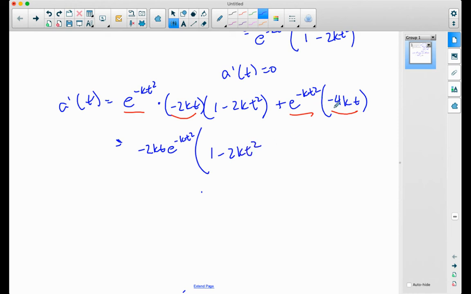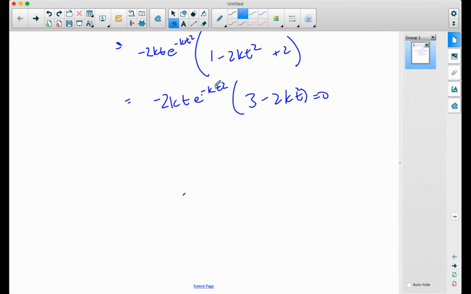And on this one, I'm left with a plus 2, because the k and the negative 2 and the t come out. And so I get negative 2kt e to the negative kt squared times 3 minus 2kt squared. And this is equal to 0.